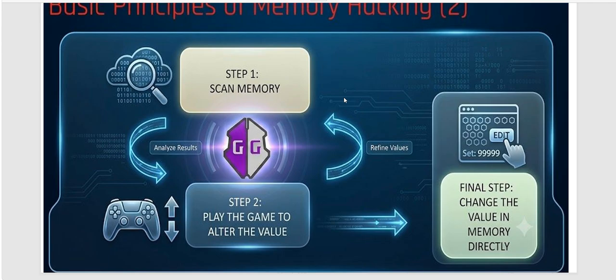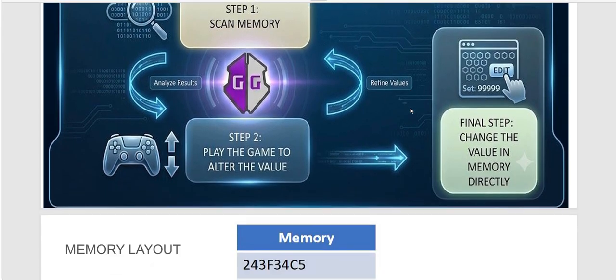So I am giving a normal value, and we will find a game value and try to change that value, and we will again refine that value. After that, we will play the game and completely modify the value which we want. That's the basic principle in memory hacking.